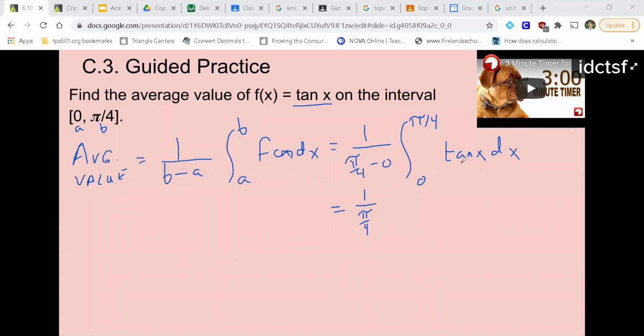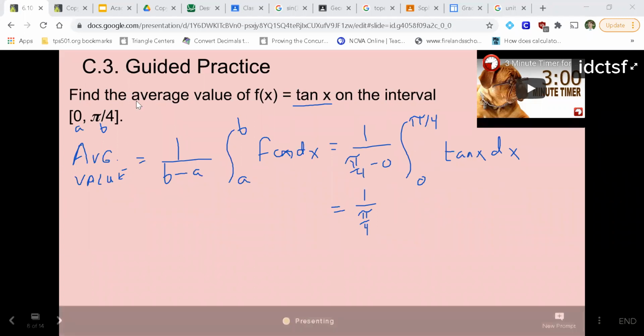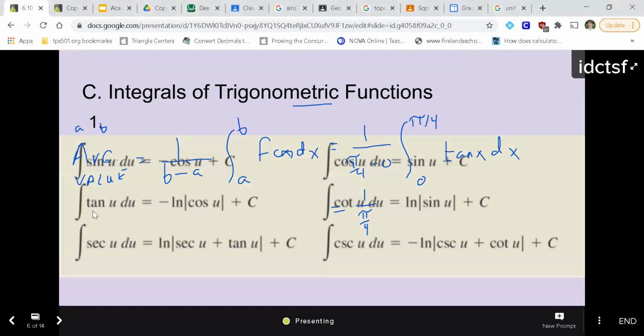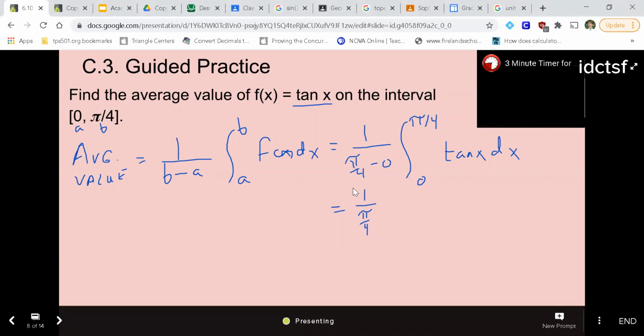And then your integral here, to integrate tangent, again, we just use the formula. The integral of tangent is the negative natural log of cosine.